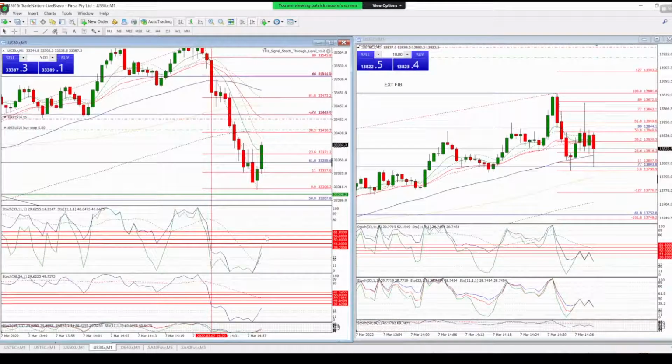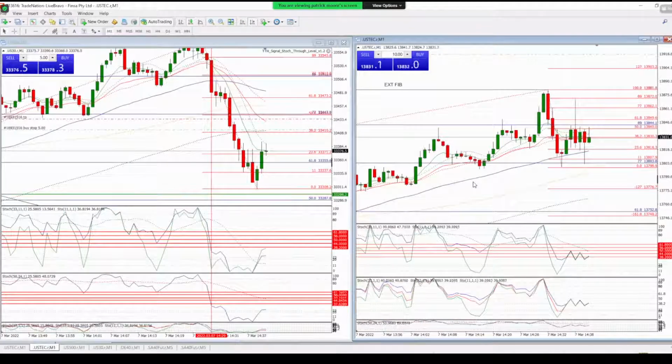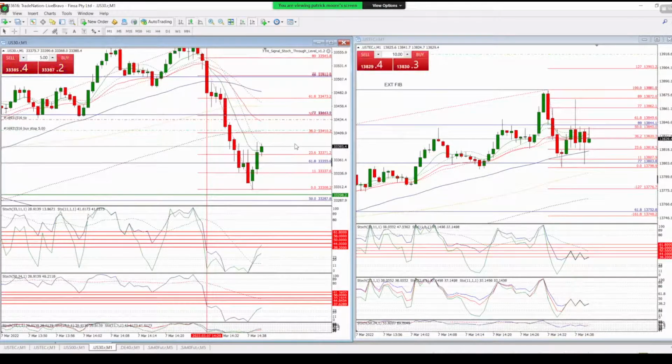Watching that in conjunction with the stochastic. Okay, perfect bounce off the 50 moving average on the 5 minutes on the Dow.